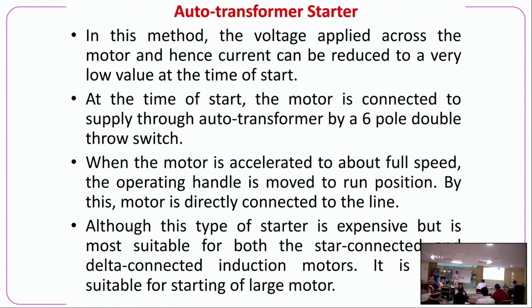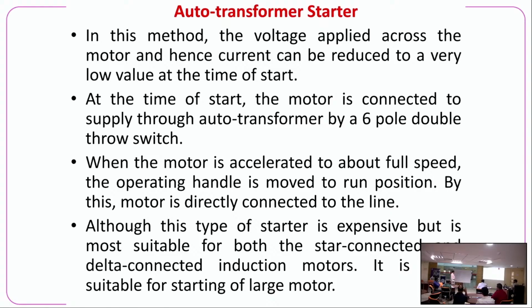This is a transformer. The secondary current of the transformer is x times. What happens to the primary current? x square times, because of this equation. So primary current becomes x square times. This is not the line current of the motor, this is the primary current. Line current means line primary. Primary current is x square times.